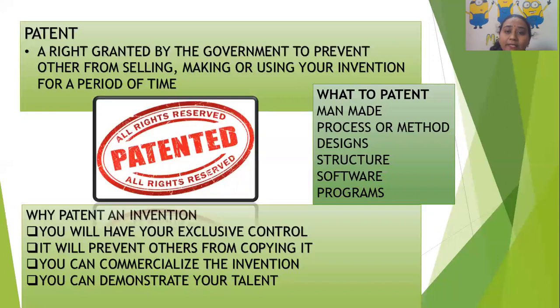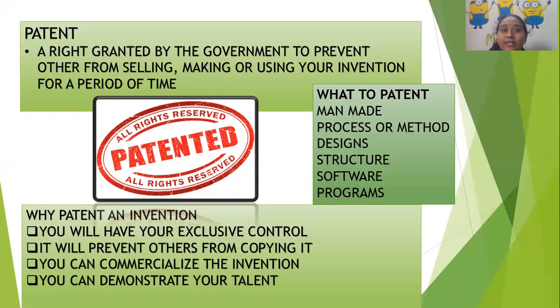What can be patented? Man-made things, the things which are prepared by man, can be patented. A process or method, any particular process of making a particular thing, or a method of making anything, can be registered as a patent.